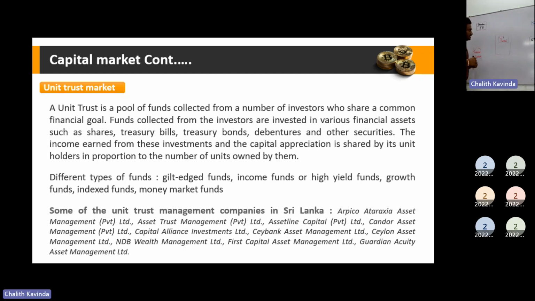Okay. So now one company is getting funds from you and they do investment on behalf of you. You are putting all of your funds into a particular company, then on behalf of you, they do your investment. Accordingly, it must be monitored. Am I correct? Your fund is being handled by one party and that must be monitored. That monitoring will be done by the Securities and Exchange Commission.